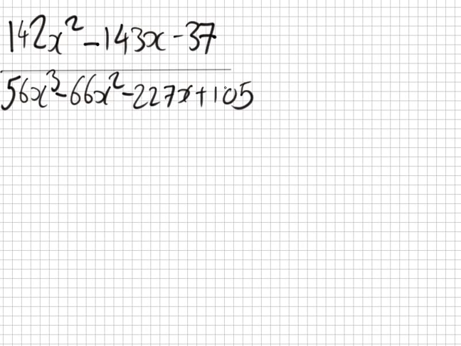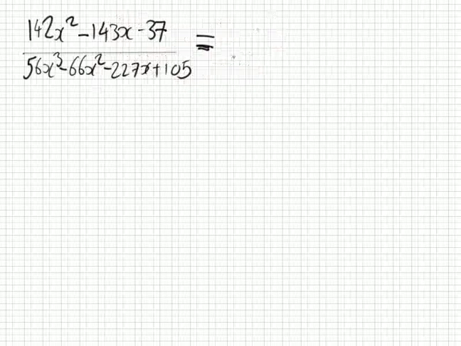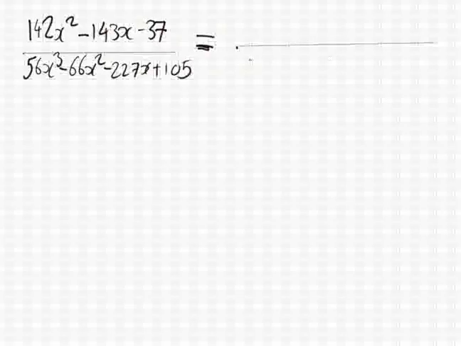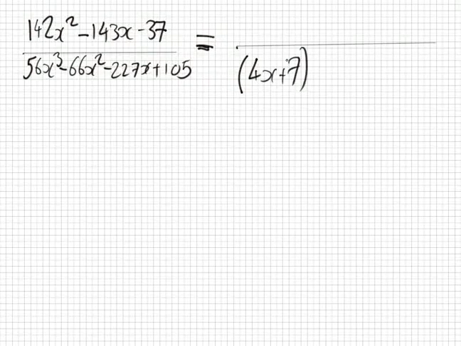Alright, so let's get down the first answer. I won't skip any steps. Yeah, I got here, hang on. 4x plus 7, that's my first answer. 2x minus 5, 7x minus 3.